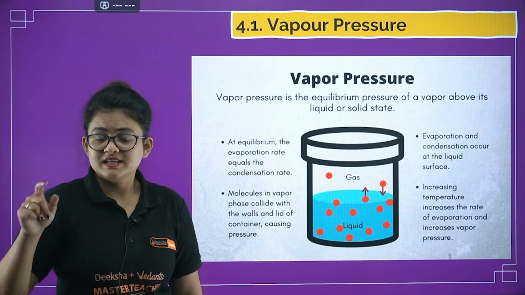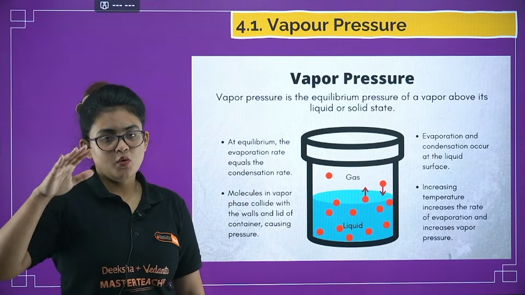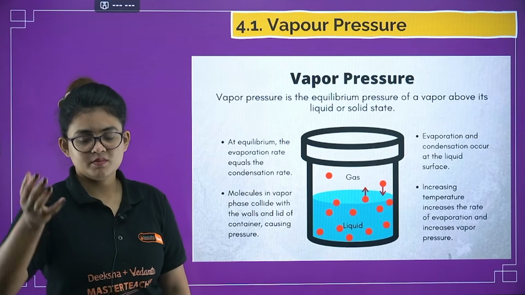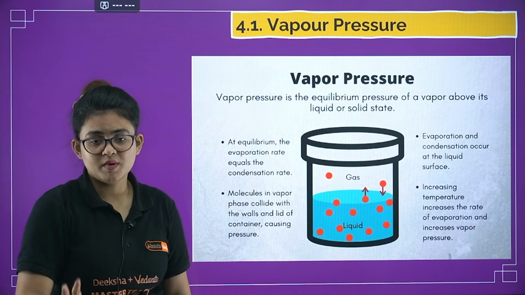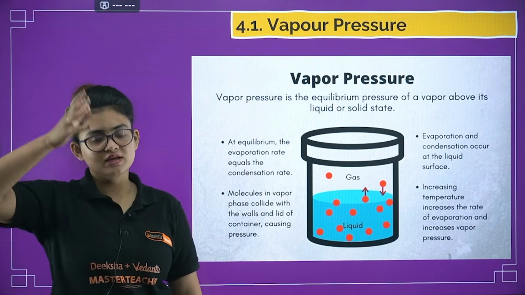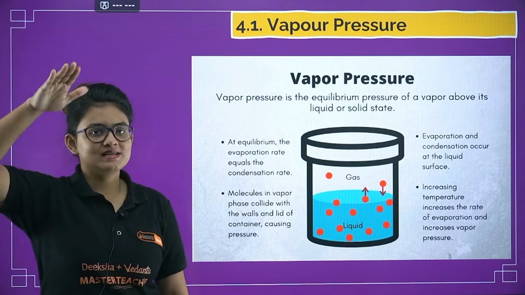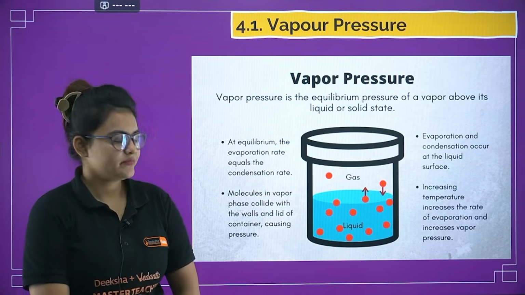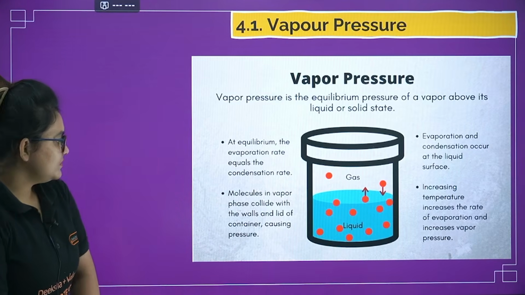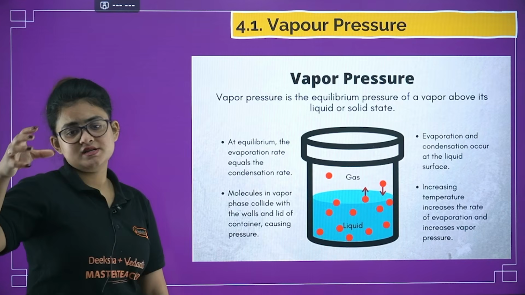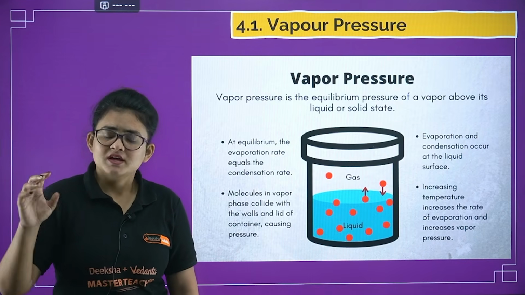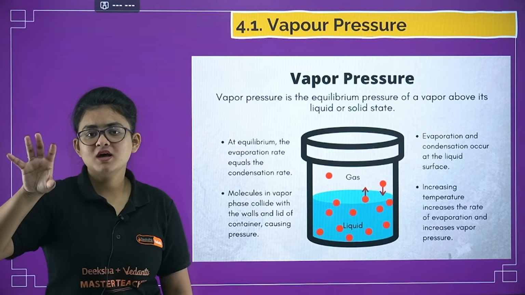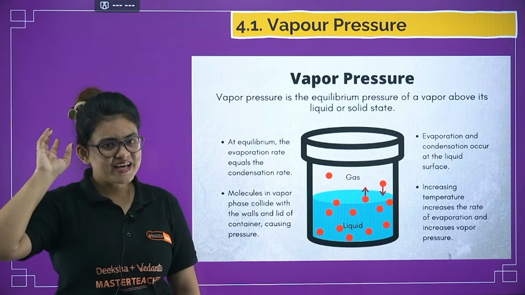So there exists an equilibrium. Water gets evaporated, it comes to the vapor phase, again that vapor gets condensed and comes back to the water, and dynamic equilibrium goes on inside that particular empty space. Those vapors coming out because of the evaporation of the liquid collide on the wall of the container as well as on the lid.